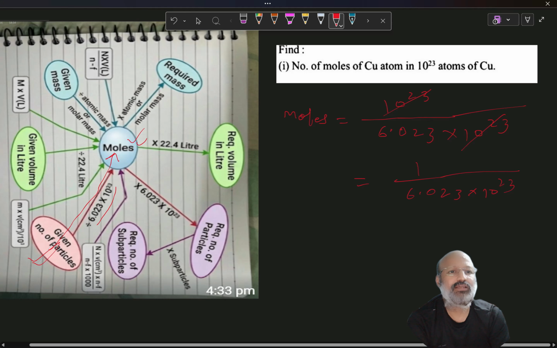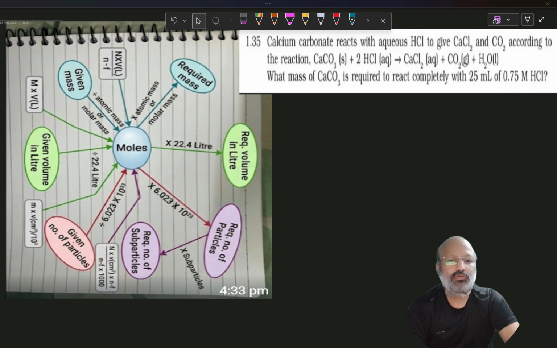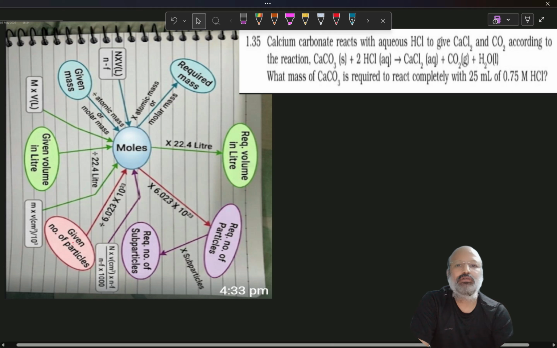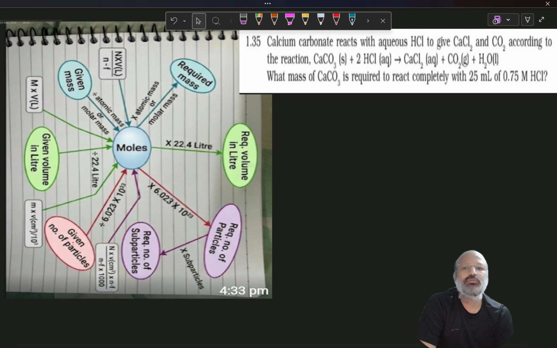Now let's take another example. Now going to the next question, you can see some reactions. The reaction is given: calcium carbonate reacts with HCl to give calcium chloride and CO2 according to the equation. What mass of calcium carbonate is required to react completely with 25 ml of 0.75 molar HCl.